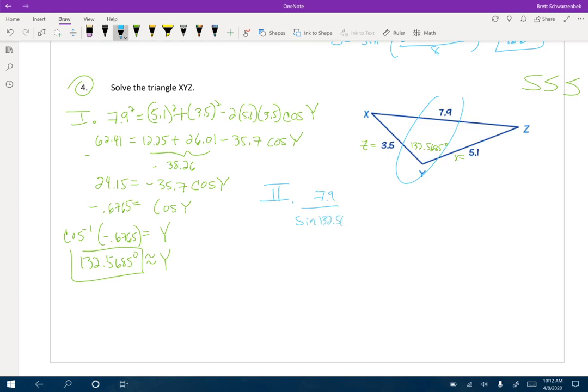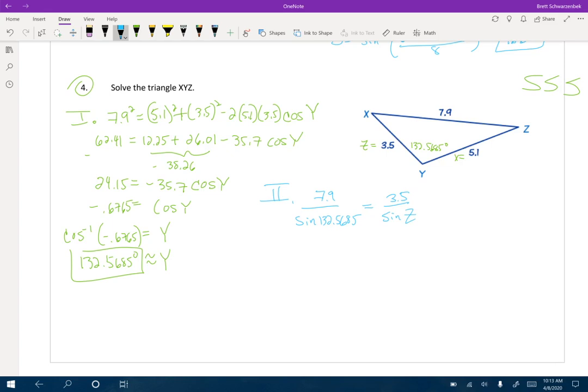Remember, don't get confused by sines and cosines here. That is your major law of sines ratio. So then you set that up with a ratio, let's say to find Z. So we know side Z is 3.5. We need angle Z, so sine of Z.